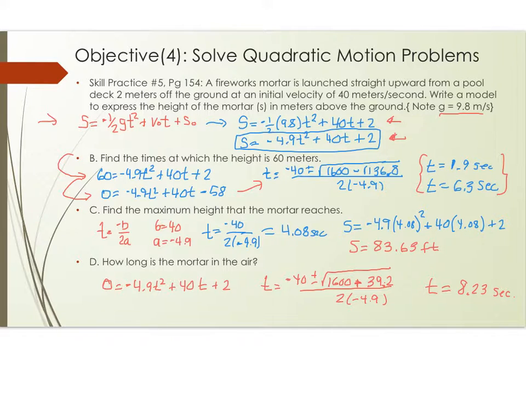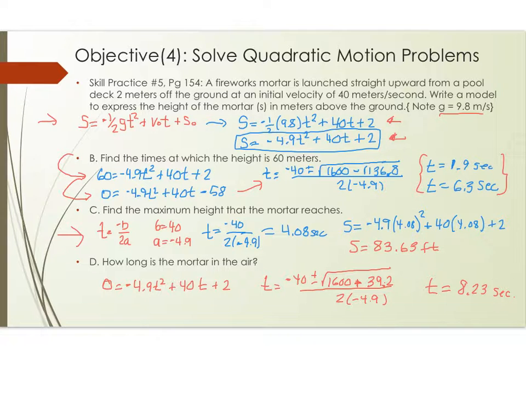Our second problem is not in the book, but I think it's important because we will be solving these problems later down the road. It says find the maximum height that the mortar reaches. There's a formula for that, and I'm going to give it to you now. It's t is equal to negative b over 2a under the quadratic form.